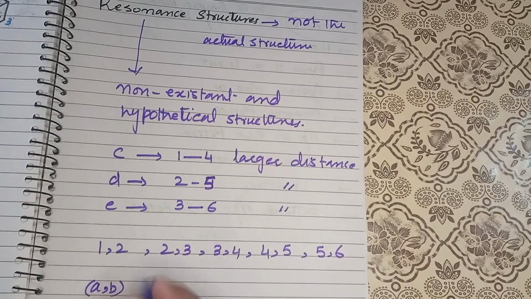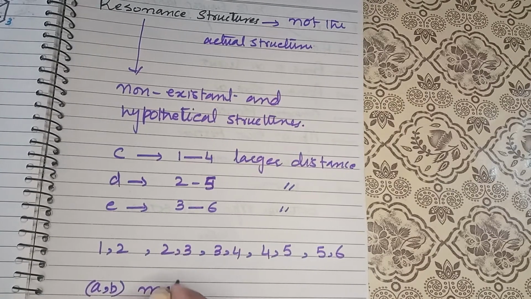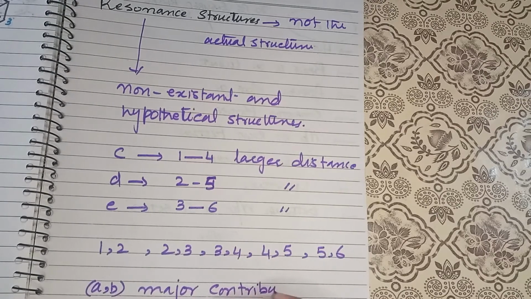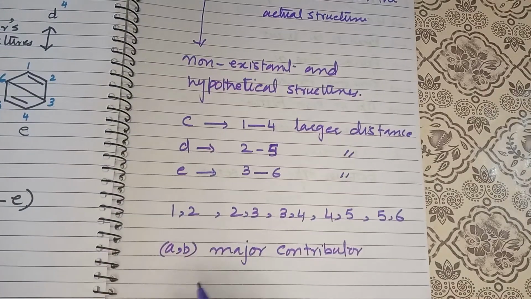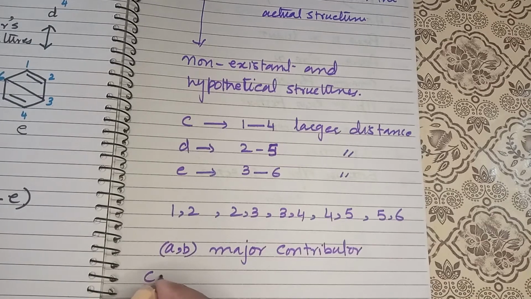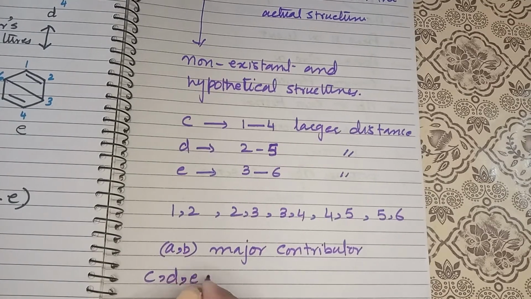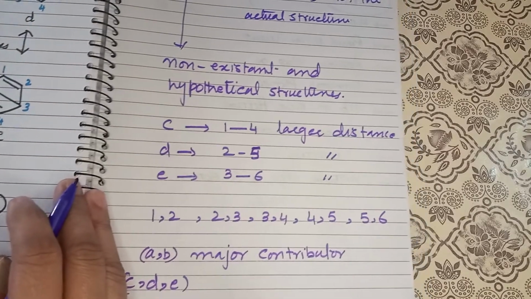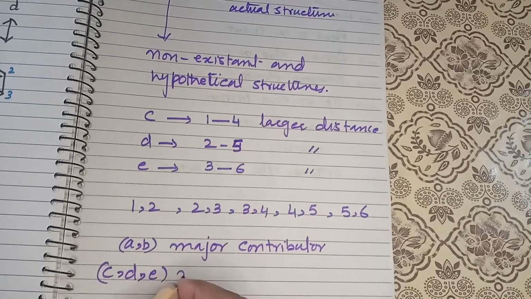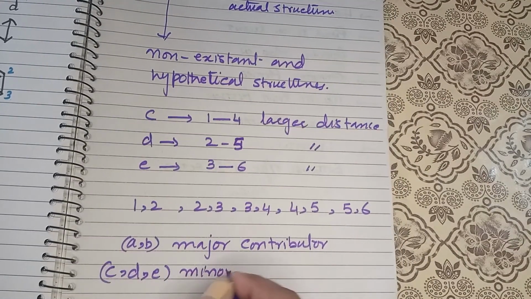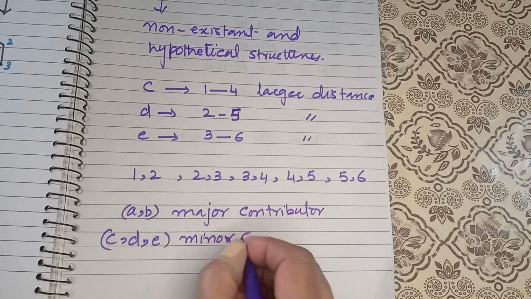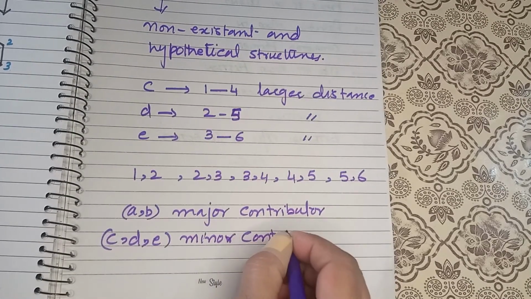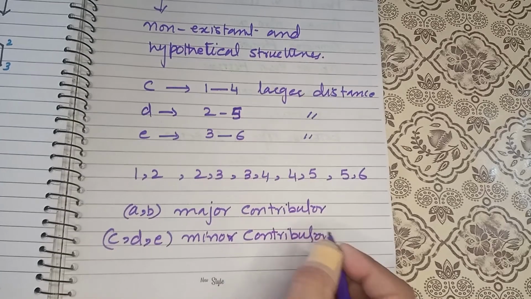It means Kekulé structures are major contributors, while the Dewar structures, that is structures C, D and E, are minor contributors.